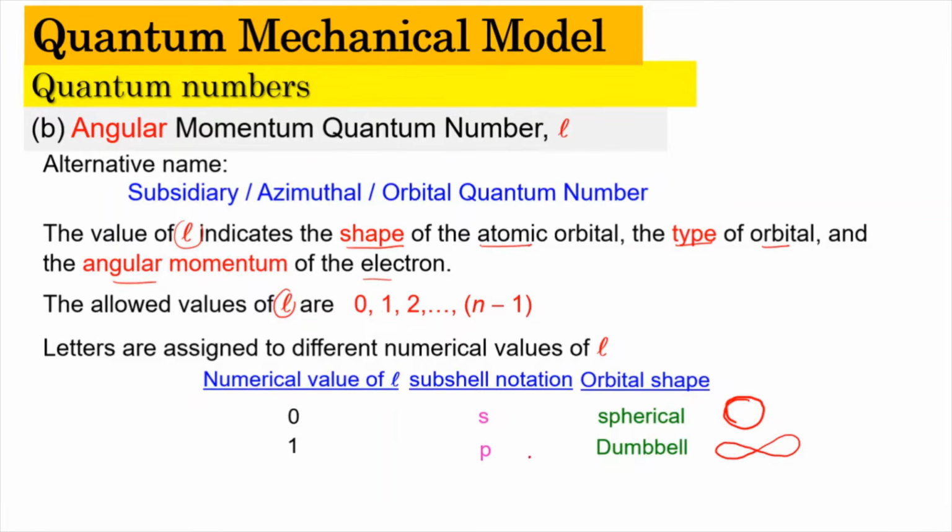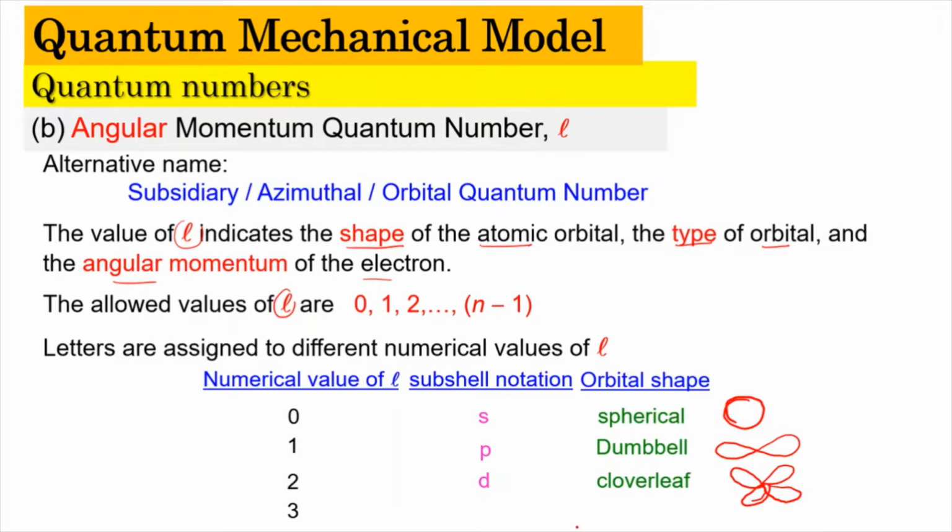Okay, and then for the numerical value of 2, the subshell notation, in terms of letter, is written as d. And the orbital shape here is going to be clover leaf. So the clover leaf is going to look something like this. Okay, so there are going to be 4 lobes altogether.